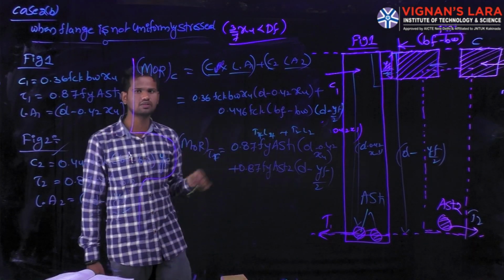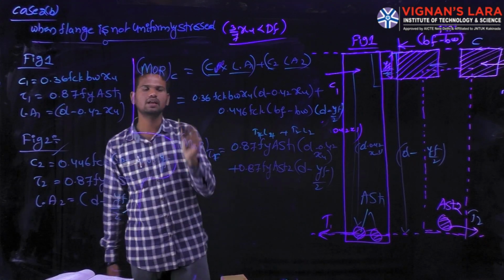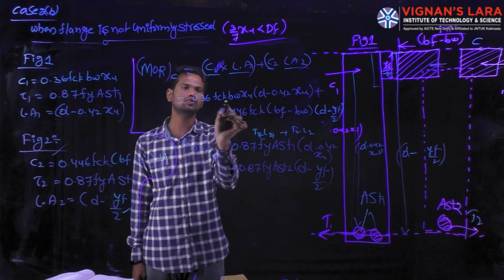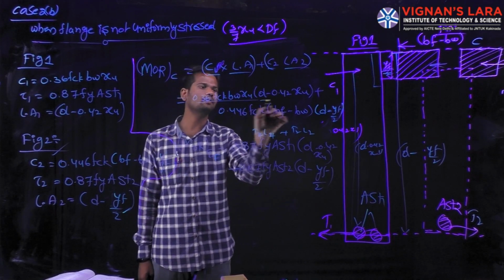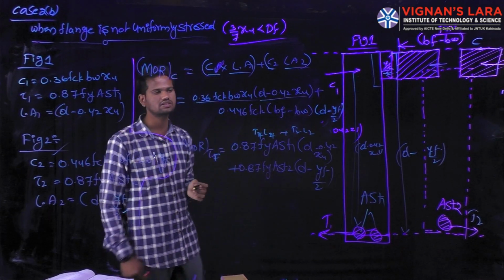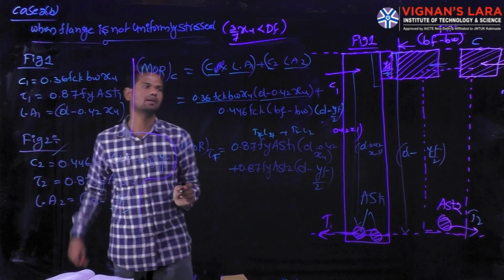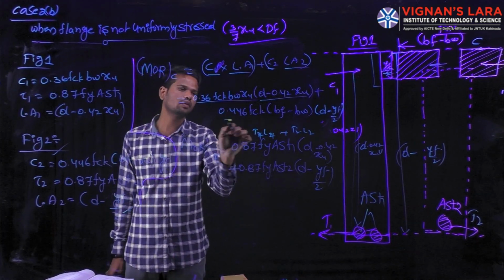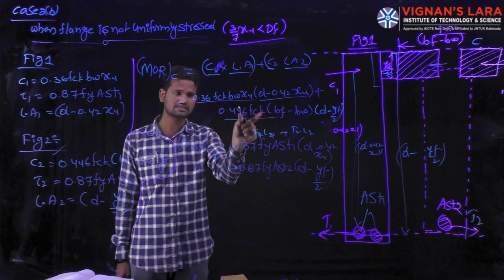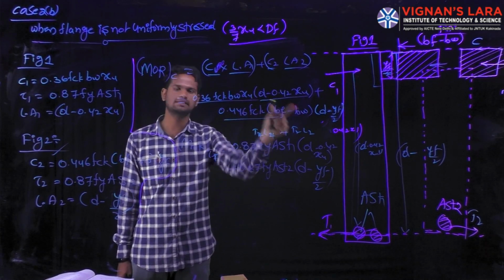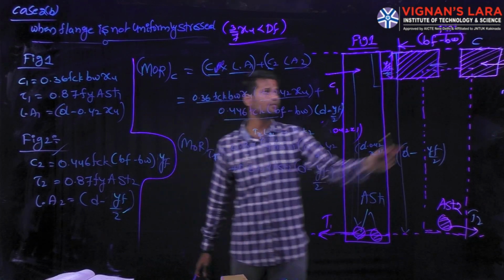This is the condition we discussed in the first condition. That is nothing but 0.36 into FCK into BW into XU, this is the stress, and D minus 0.42 XU, this is the lever arm distance for figure number 1. Again from figure number 2 we have 0.446 into FCK, this is the stress of the concrete, BF minus BW, this is the width of the flange.